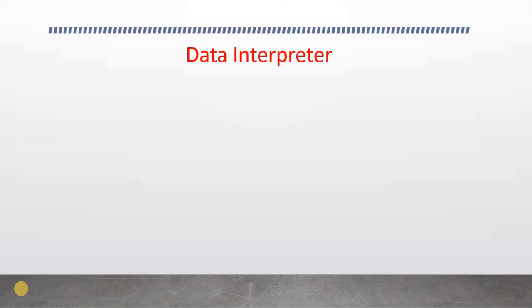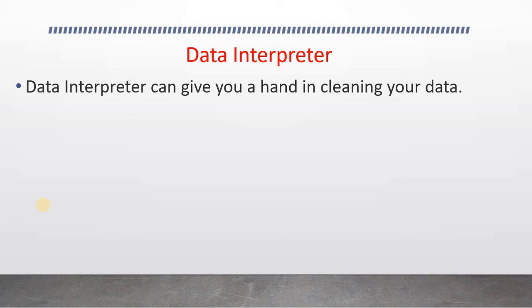For example, if we receive Excel data, there is a possibility that the data in the Excel will have some kind of additional titles and sources, and maybe additional footers and so on. We don't have to worry about these things, because the data interpreter gives us a hand in helping clean that data.